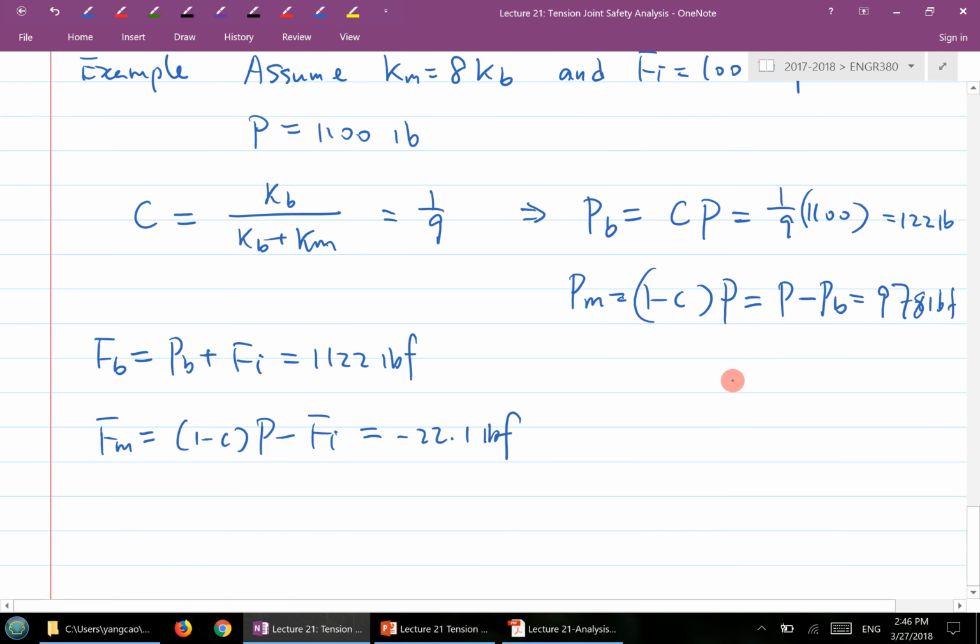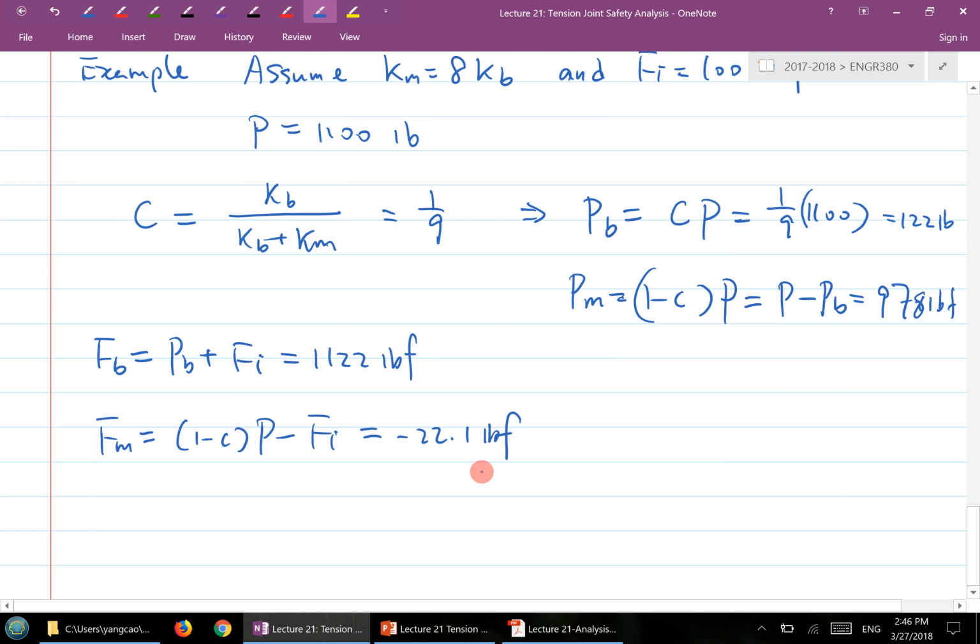Okay, that's the result. So you can see the joint here is still safe because this is still less than 0, but it's quite close to 0 now. So that gives you a sense of how the load is distributed between the member and the bolt based on the stiffness.